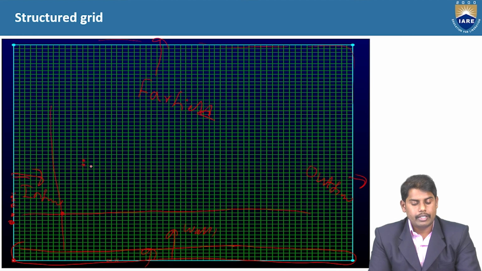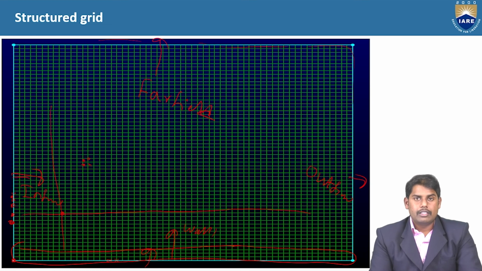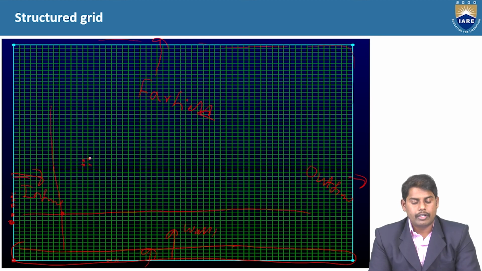Here you can see a grid point here, here, here, and here. So the intersection of x lines and y lines gives rise to a grid point. If you join all these 4 grid points, you get a cell, or a grid cell.